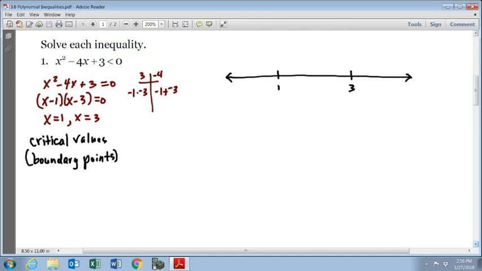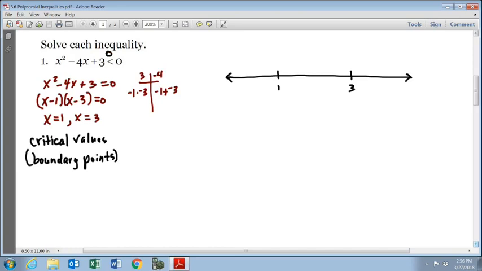Now, because we have less than 0 here, x squared minus 4x plus 3 is less than 0, we want to know for what values of x this polynomial is going to be less than 0. Notice we're not including where we're equal to 0 because there's no equal sign.